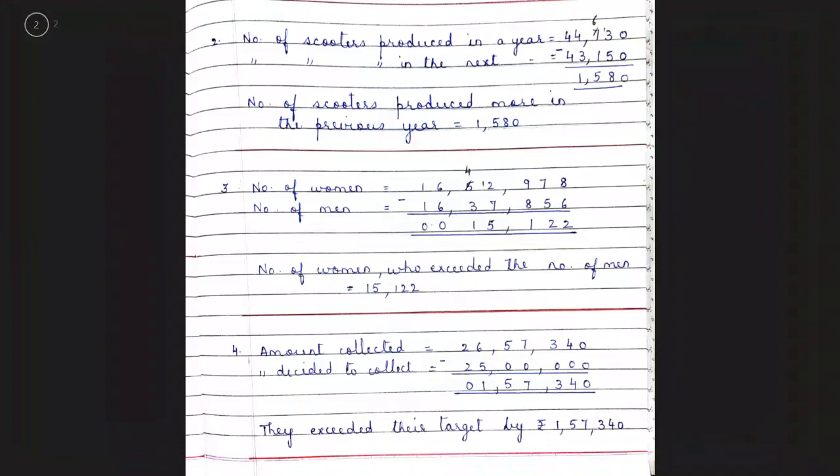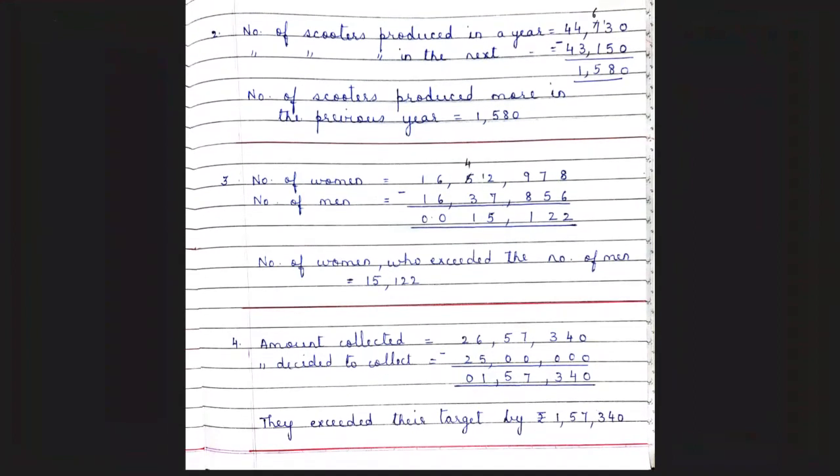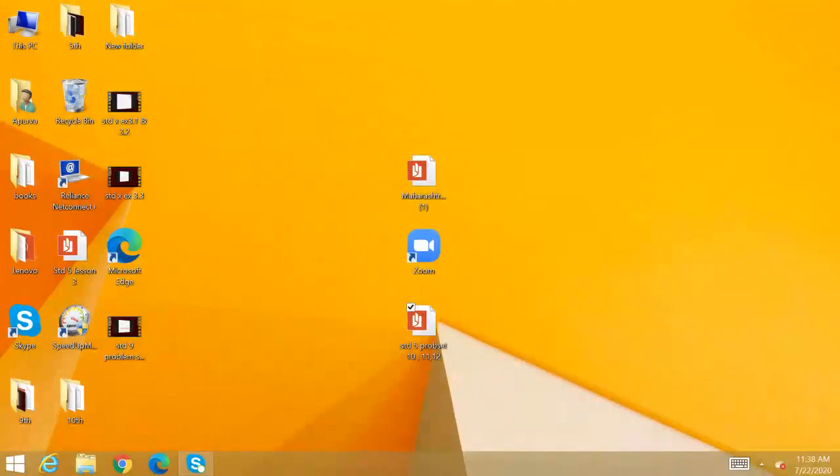So number of scooters produced in the first year, 44,730. Number of scooters produced in the next year is 43,150. To find out how much more they have produced, subtract. Number of scooters produced more in the previous year is 1,580.